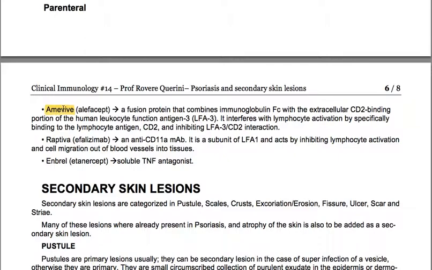It interferes with lymphocyte activation by specifically binding to the lymphocyte antigen CD2 and inhibiting the LFA-3/CD2 interaction. You can also have Raptiva, efalizumab, which is an anti-CD11a antibody. It's a subunit of LFA-1 and acts by blocking lymphocyte activation and cell migration out of blood vessels into tissues.